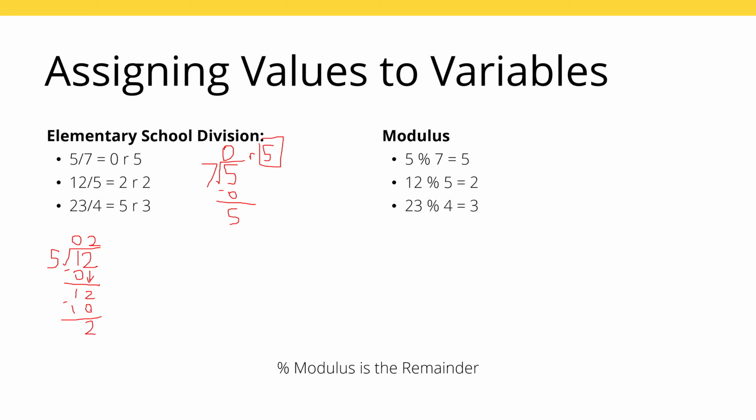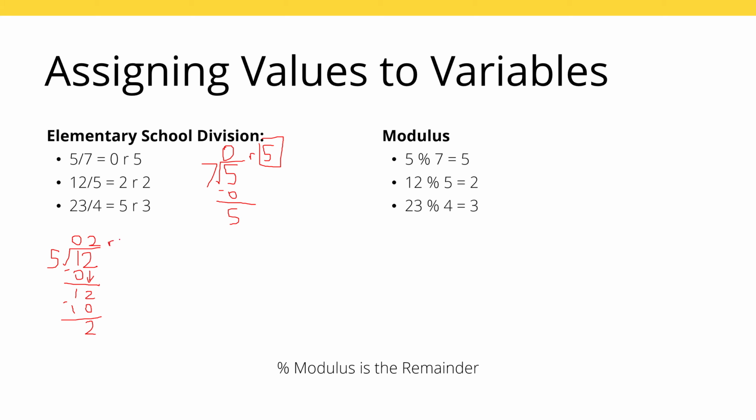Now, I know because you're in high school now, you want to add that decimal place right there, right? And after you add that decimal place, you want to add a 0 right here. Yes, but technically you're correct, that is math, but I want you to think of elementary school math. As soon as you do this, 5 does not go into 2 at all, right? So then this is your remainder.